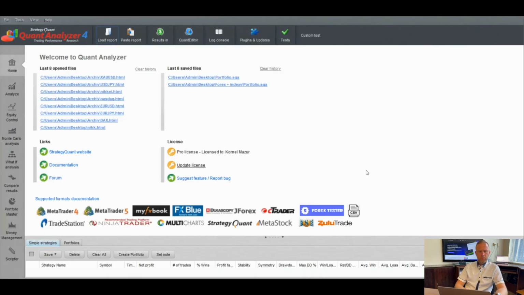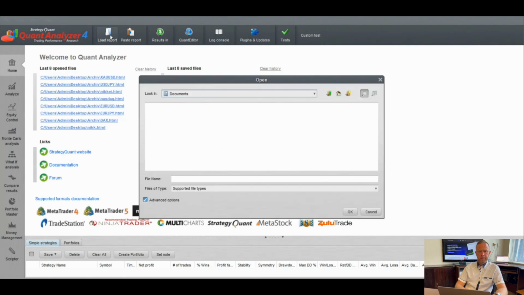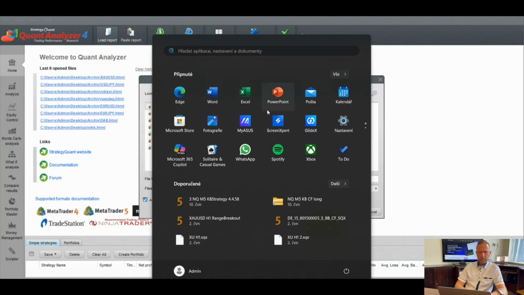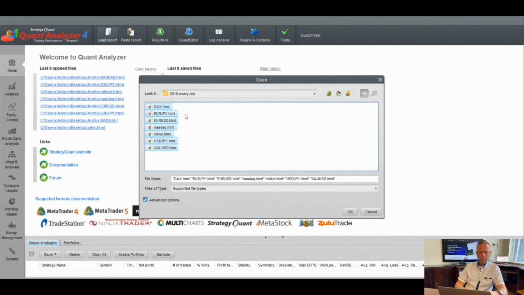I opened the Quant Analyzer program in which I will show the breakdown of individual strategies in the portfolio, so I have completed tests from MetaTrader 5. In quality, I test each one on every tick. I will mark all the strategies in the portfolio and import them.